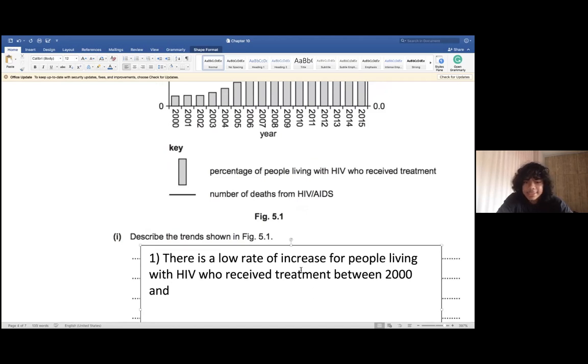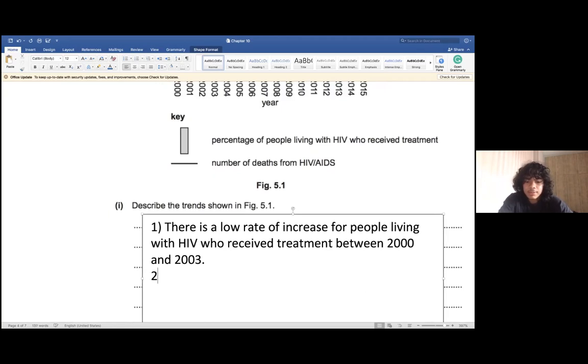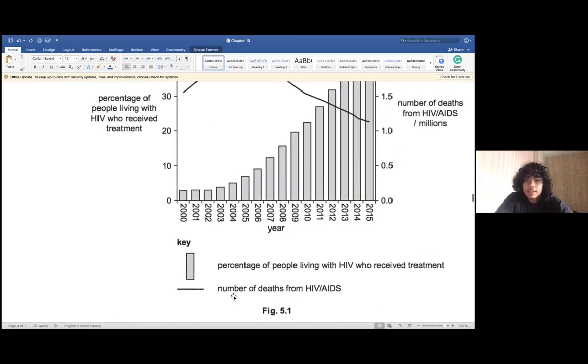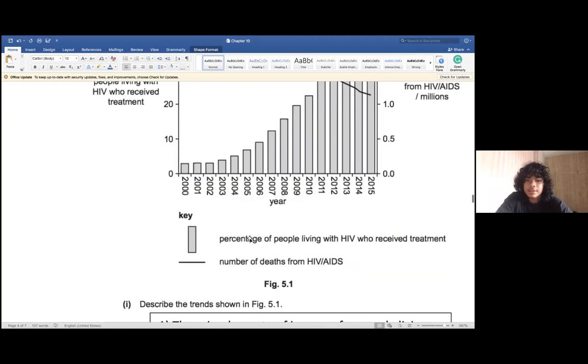Well, over here it says in the mark scheme you can give either 2000 and 2004 or 2000 and 2003, but I'll just say 2000 and 2003. And then the second point, after that, the percentage of people living with HIV receiving treatment increases, as you guys can see.